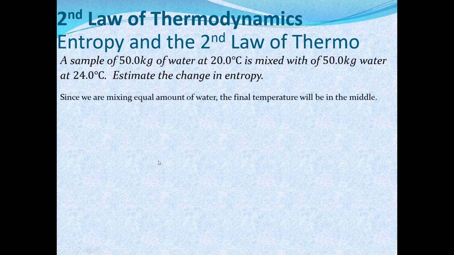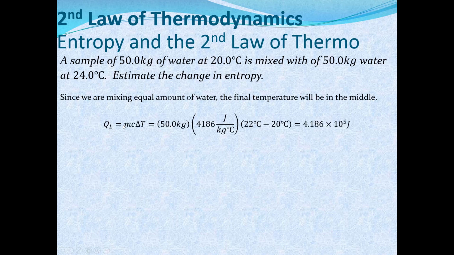All right, so we're going to figure out how much energy was actually gained and lost by the samples of water by using mcΔT. So plug in our numbers. Again, it's going to the middle temperature, so it's ending at 22 degrees Celsius.